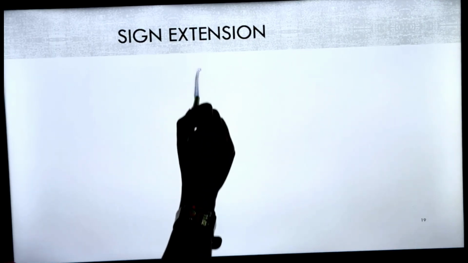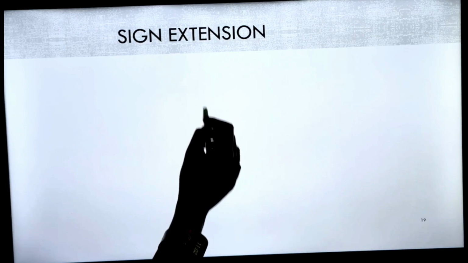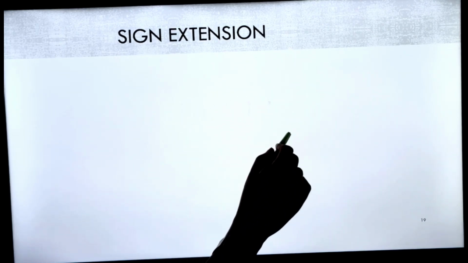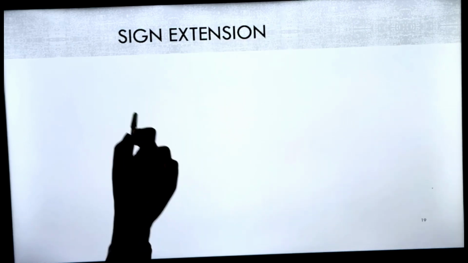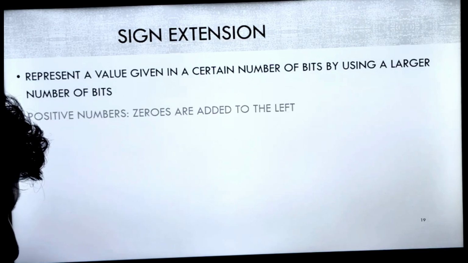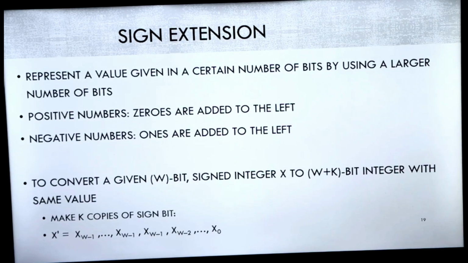Say 1 1 is 3 using 2 bits. If I ask you to make it into 5 bits, then what you will do? 0 0 0 1 1. This is 3. If I ask you to add more bits, so you will add all zeros, right? For unsigned. But for signed, you cannot simply add zeros. So what you have to do is, you have to check the MSB or the sign bit.